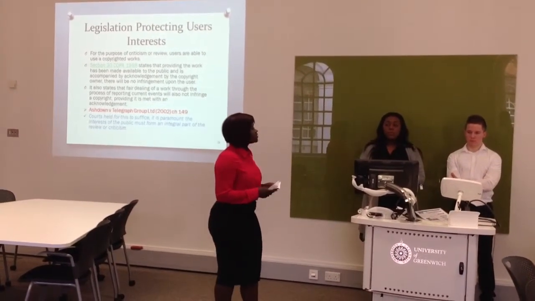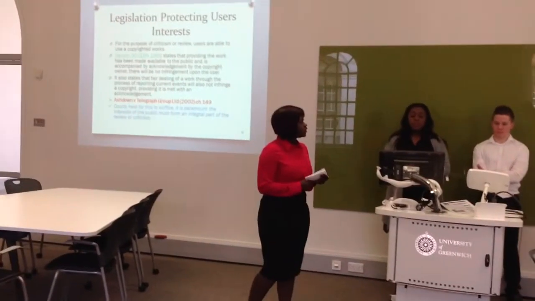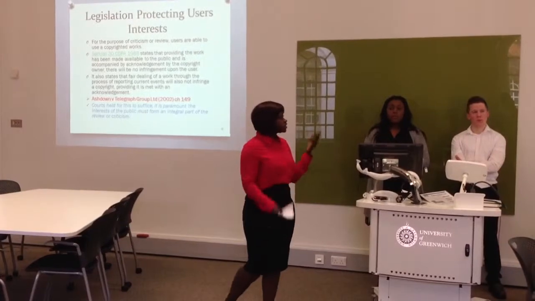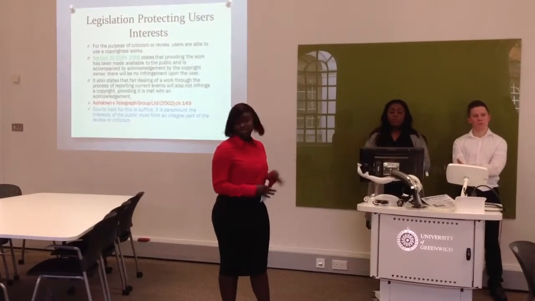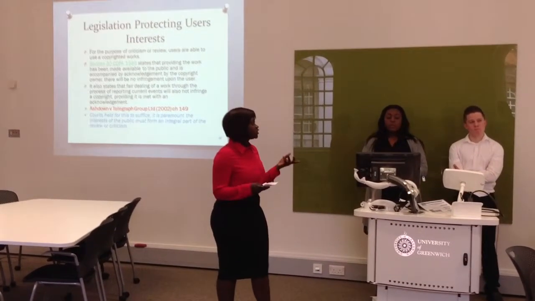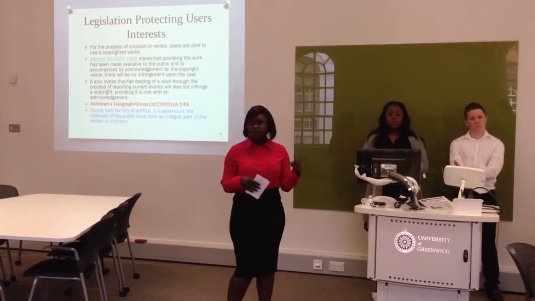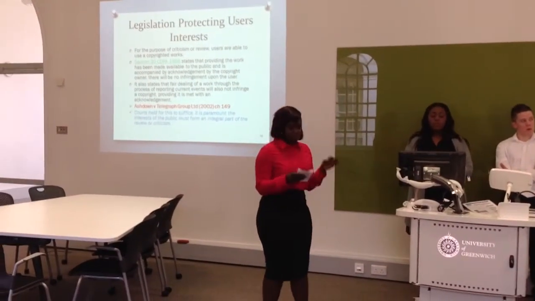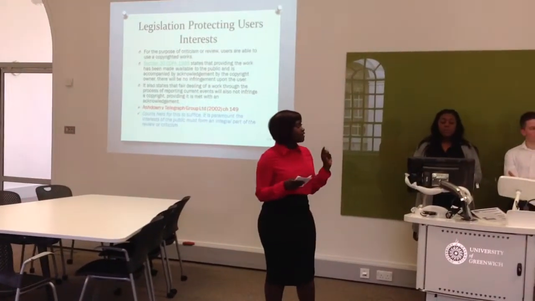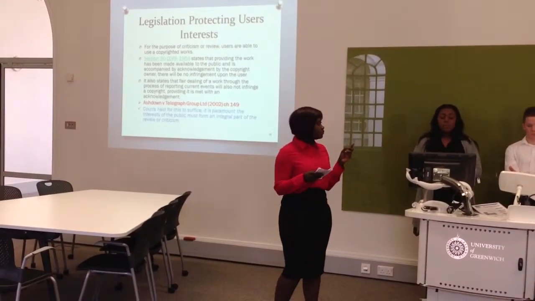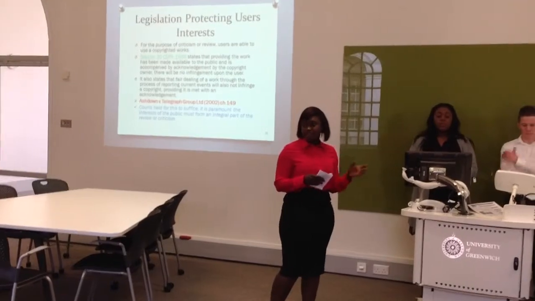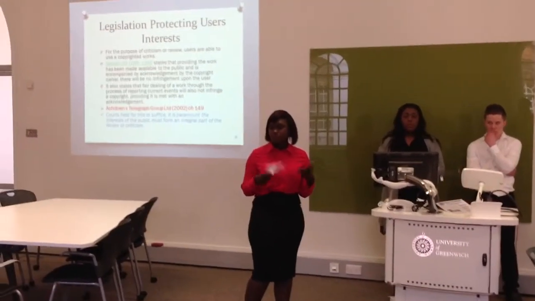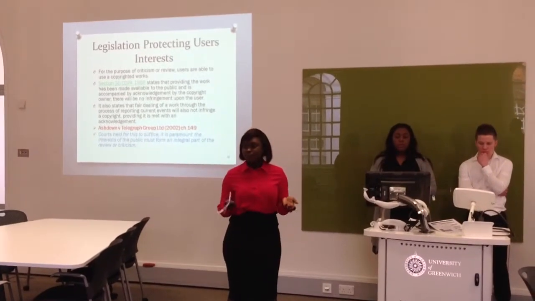In the case of Ashdown v Telegraph Group Limited, basically Lord Ashdown had a meeting with the Prime Minister and some other political party. It was told to the editor of the press that the meeting should not be publicized, but he made it public anyway.